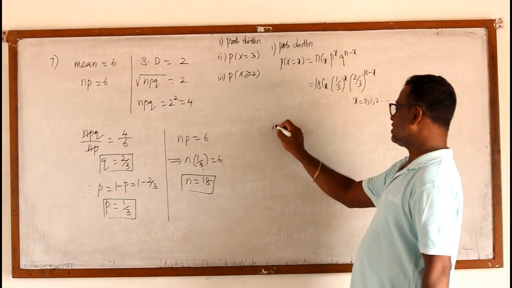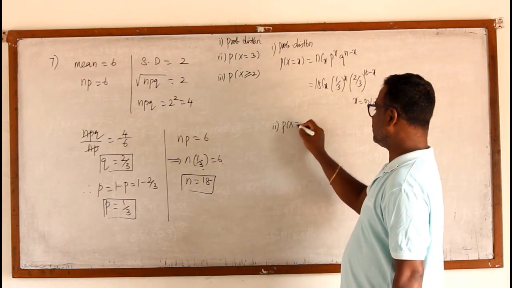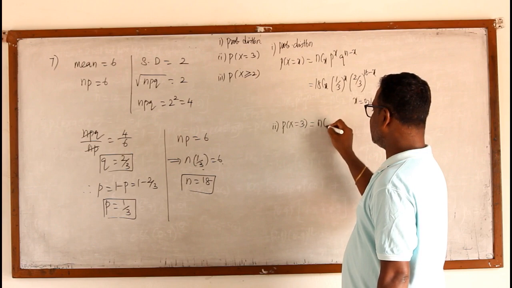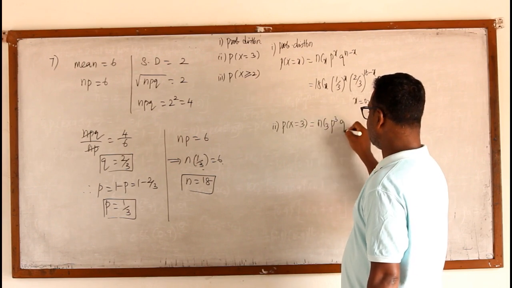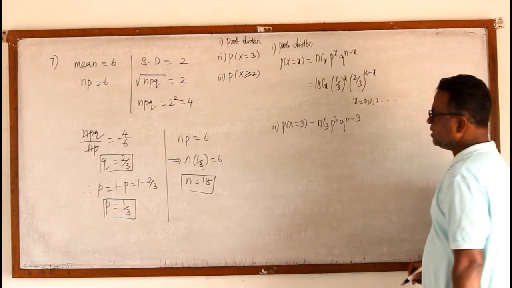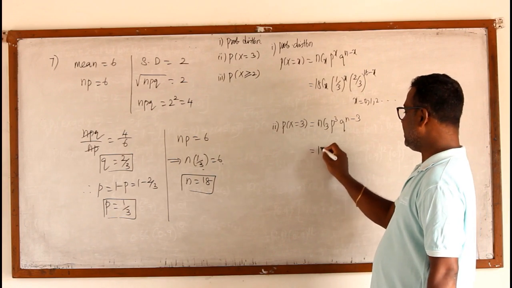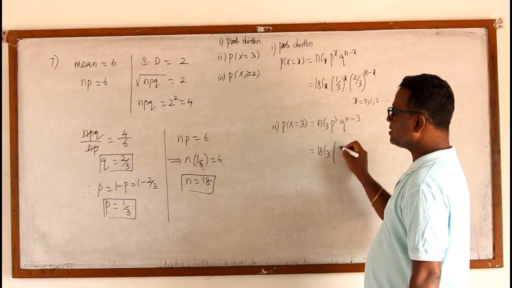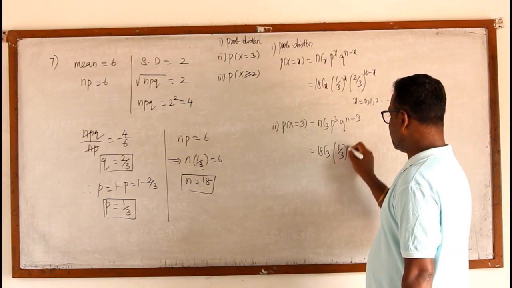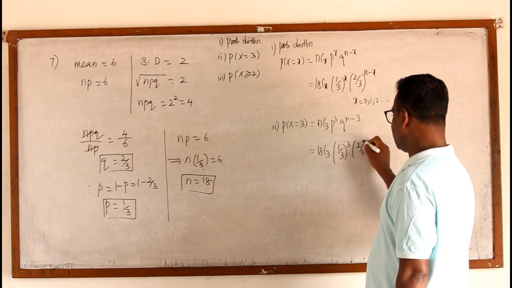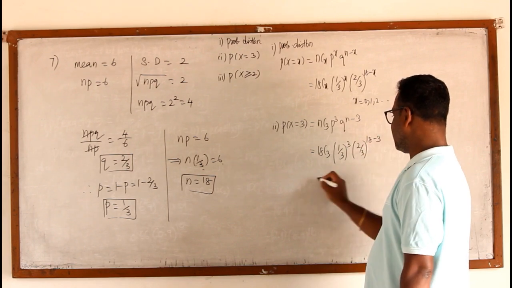Now, second question is P of x equal to 3, that is NC3, P power 3, Q power n minus 3. Here n is 18C3, P is 1 by 3 whole cube, Q is 2 by 3 whole power 18 minus 3.